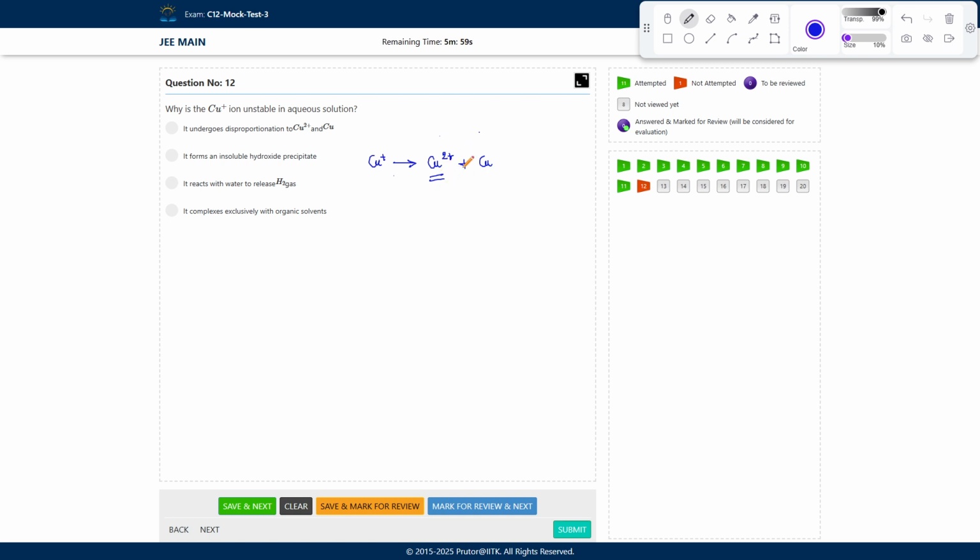Also it has a greater value of hydration energy. That is why copper positive is comparatively less stable than copper 2 positive, and that is why the copper positive ion is unstable in aqueous solution and converts to copper 2 positive and copper, showing the disproportionation reaction. Hence our correct answer is going to be the first option.